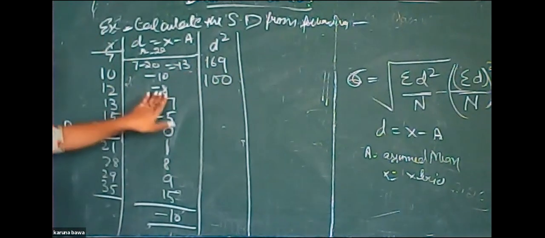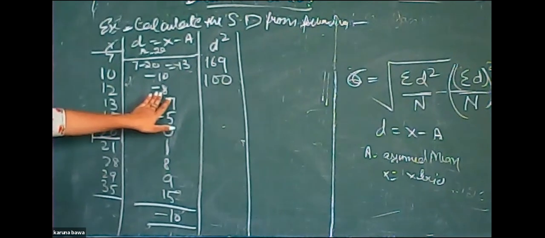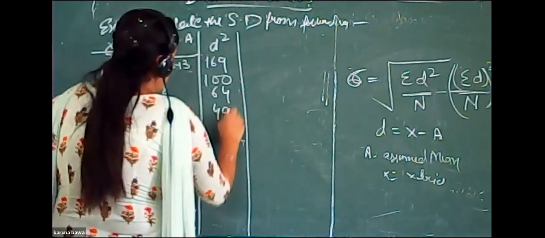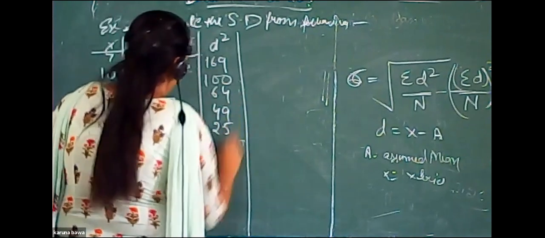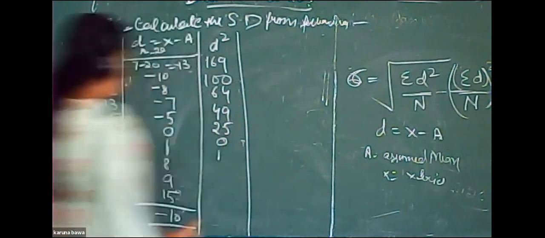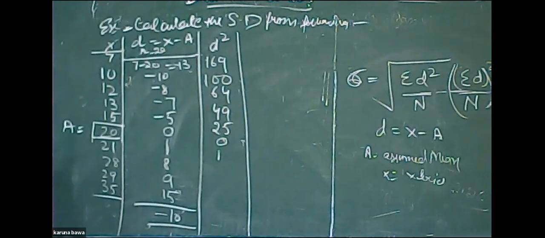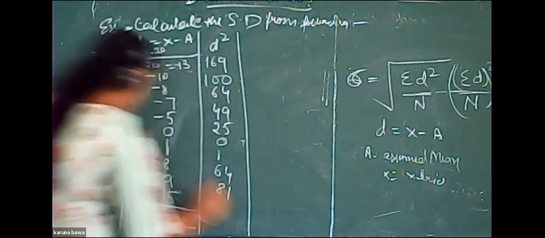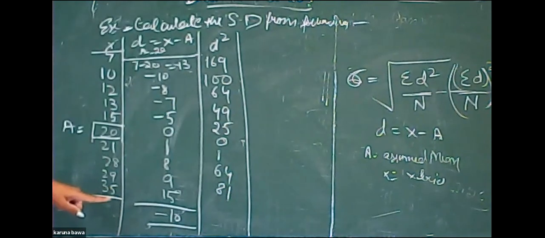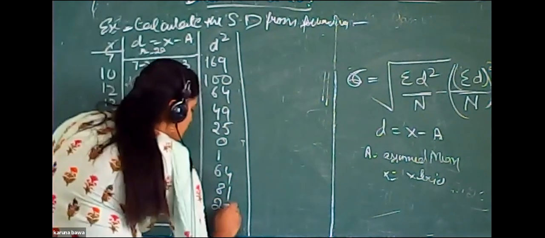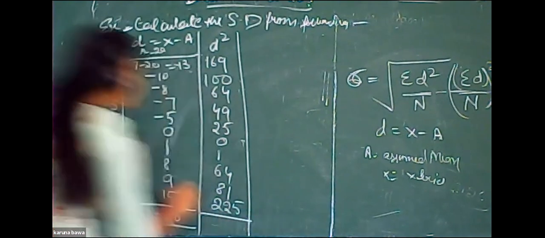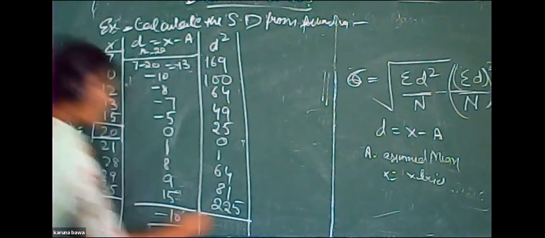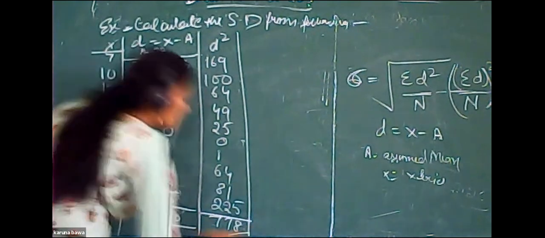After this, minus 8 multiplied by minus 8 is 64, 49, 25, 0, 1, 8 multiply 8 is 64, 81, 15 multiply 15 is 225, and the total of the squared deviations here is 778. This is the value.